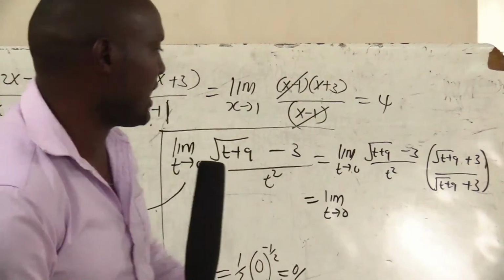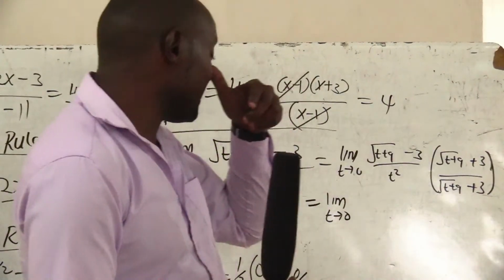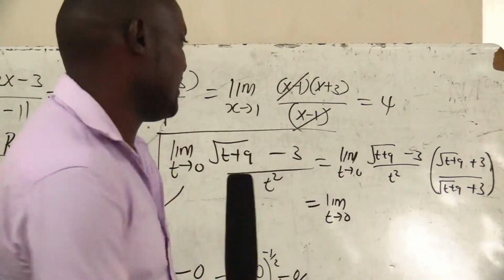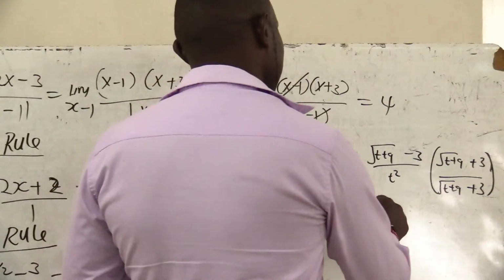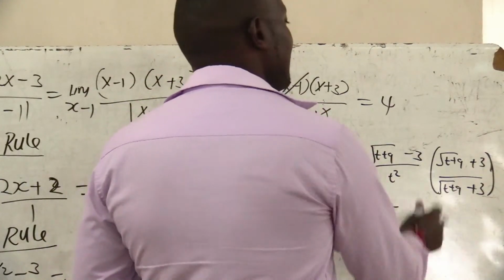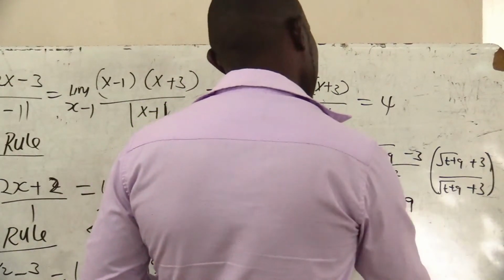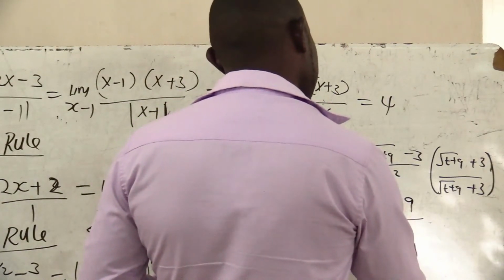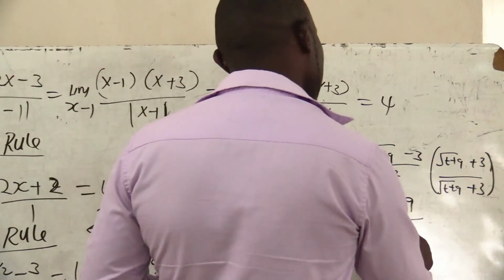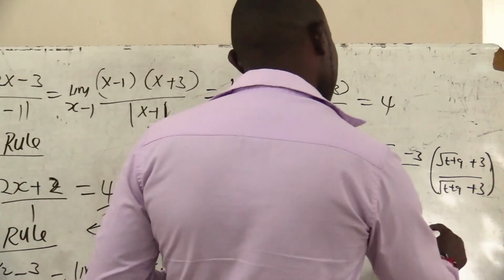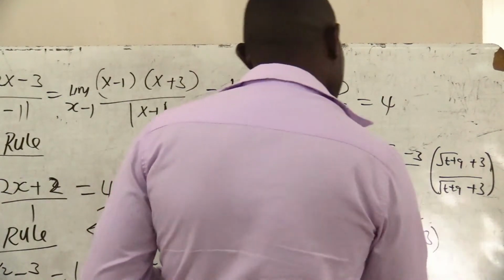When I multiply this one with the conjugate, I'll get this one squared, so I'll have t plus 9 minus 9, all over t squared into bracket root (t+9) plus 3.